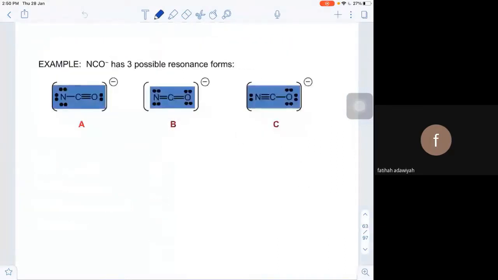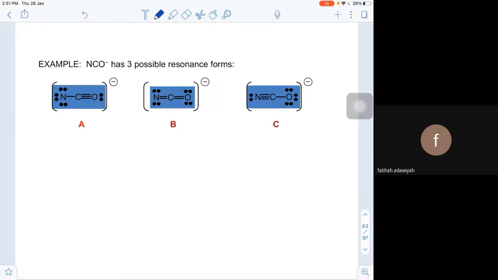And then this is an example of the resonance structures of NCO minus. There are 3 possible resonance structures of NCO minus, A, B, C. When we have more than one possible structure, we can determine the best resonance structure of that specific species, that compound or that polyatomic ion, by calculating the formal charge.